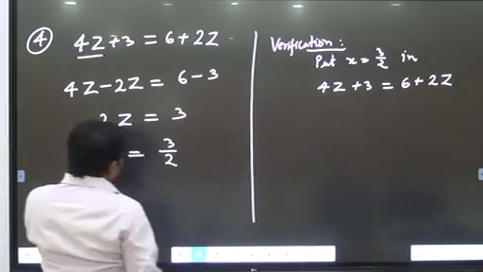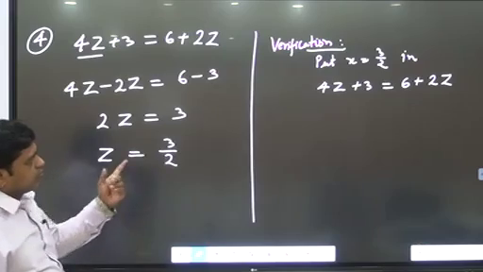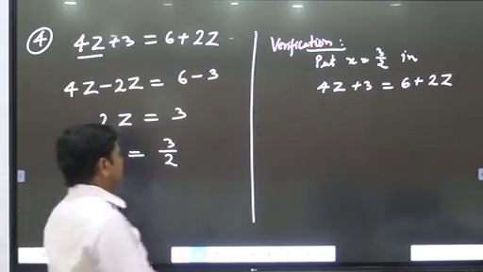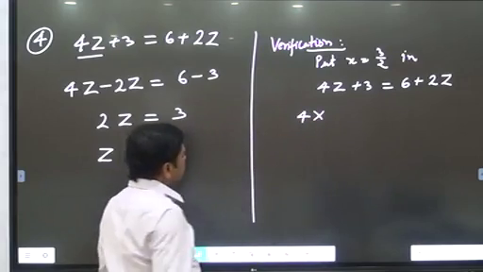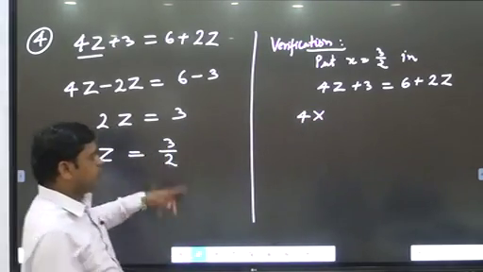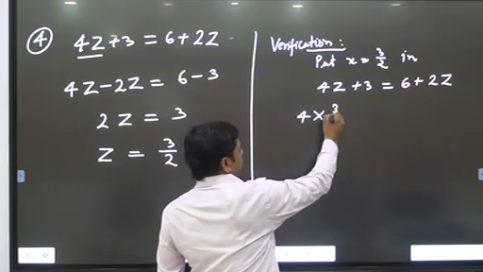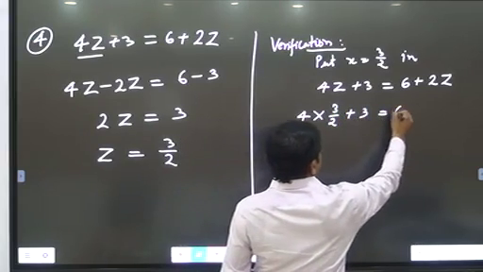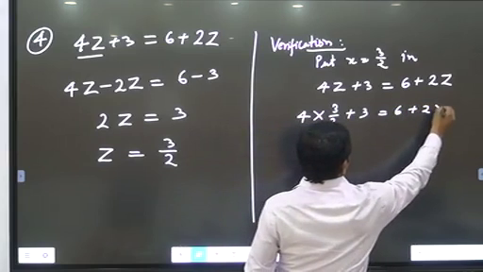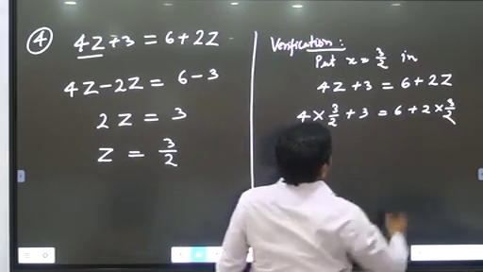The value of z is 3 upon 2, so I am going to put it in place of z. So 4 into, what is the value of z? 3 upon 2. So 4 into 3 upon 2 plus 3 equal to 6 plus 2 into 3 upon 2.